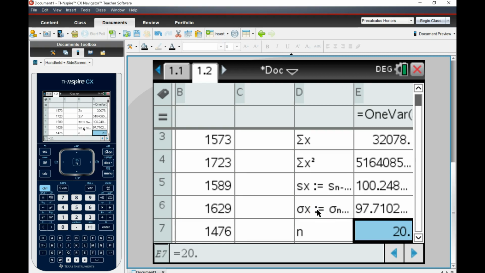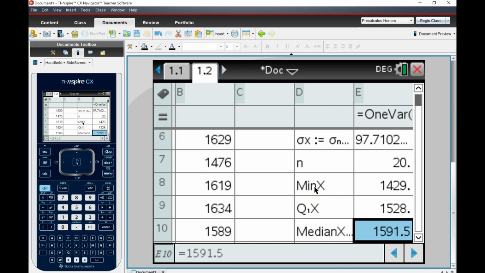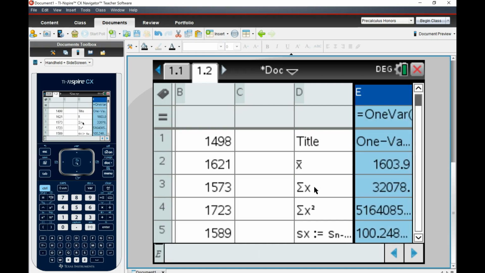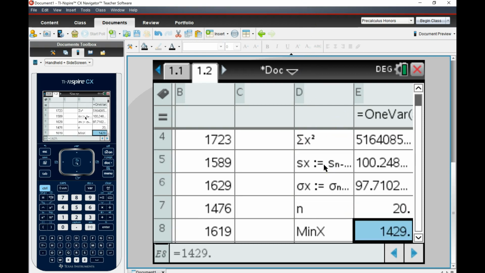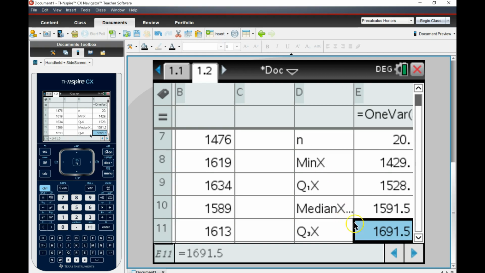Yesterday, all we were looking for was the standard deviation. Today, we're going to look at some other stuff. If you go down here, you also have a mean. The mean is 1603.9, that first one, X bar. I'm going to extract the mean, and I also want the median. Let's see where the median is.